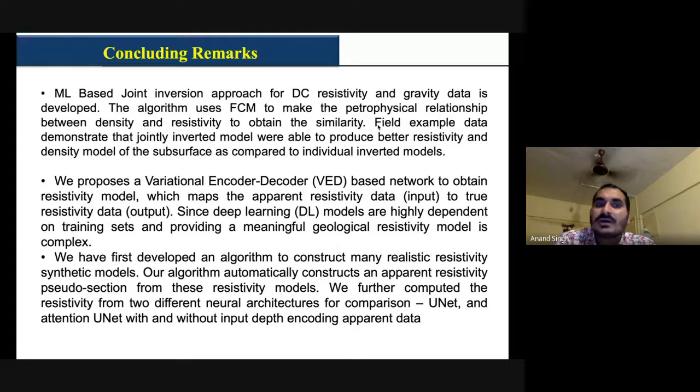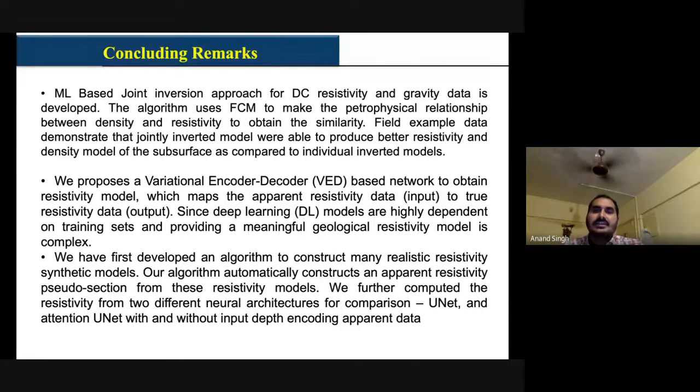And as a field example, I showed you that if you jointly invert your two geophysical data sets along with machine learning, your confidence in the subsurface model will be higher compared to what you obtain from the individual networks. Recently we tried some deep learning based results, and we compared our deep learning architecture with other networks.